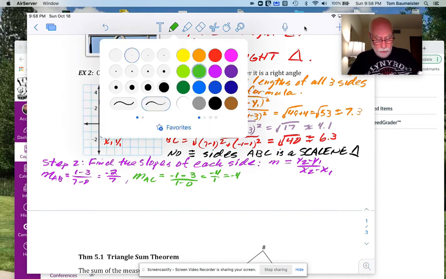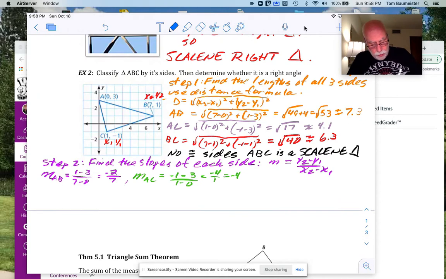And then finally, the last one, I will take the slope of BC. So on here, my M means my slope. My BC is the line segment I'm talking about.